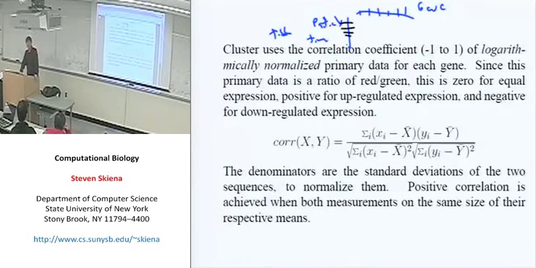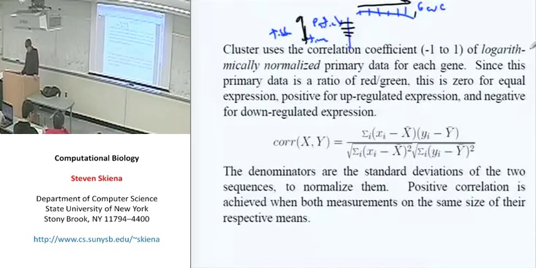Each row is $500, right? But for your $500, you get 6,000 or 10,000, or depending upon what your array is, a certain number of thousands or tens of thousands of features, right? And so if you're clustering arrays by genes, you get a high-dimensional data set. If you're clustering genes by arrays, it's less clear it's a high-dimensional data set. Any questions?